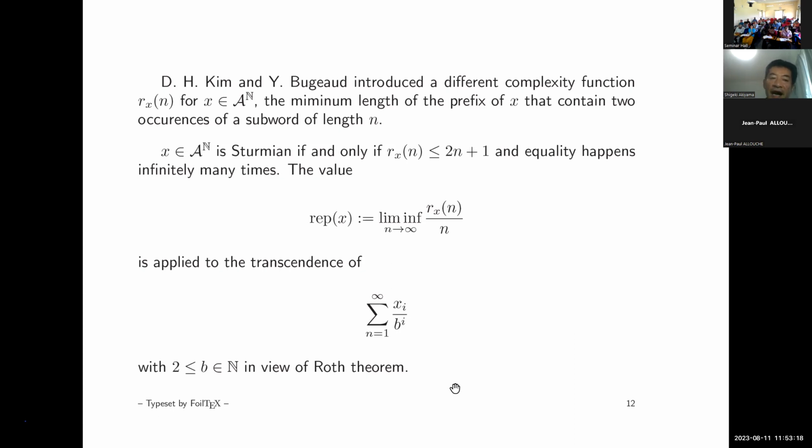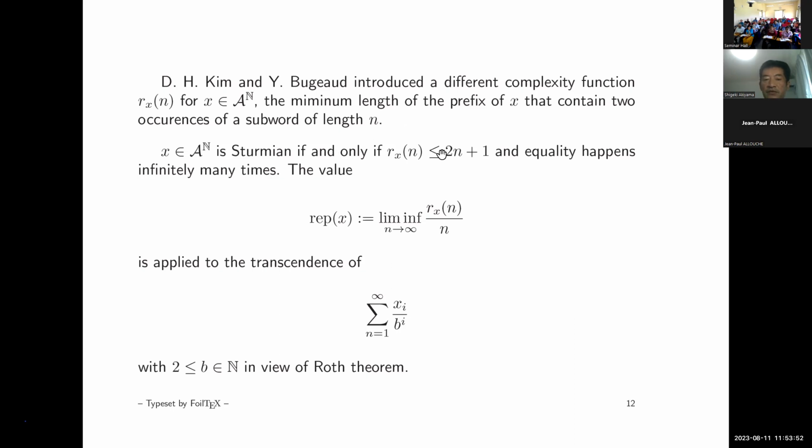This is sometimes called the return time complexity R. We consider the minimum length of a prefix of x such that it contains two occurrences of subwords of length n. Then they showed that the infinite word is Sturmian if and only if this new complexity function is less than or equal to 2n plus 1, and equality happens infinitely many times.